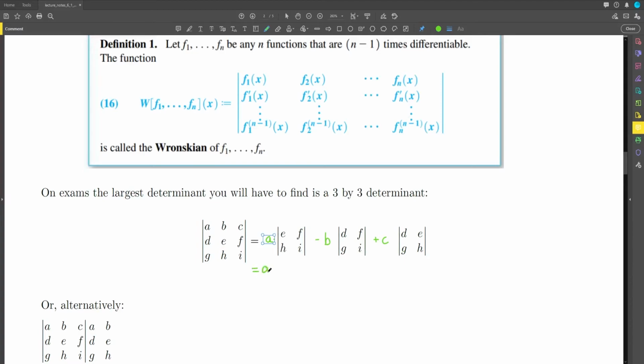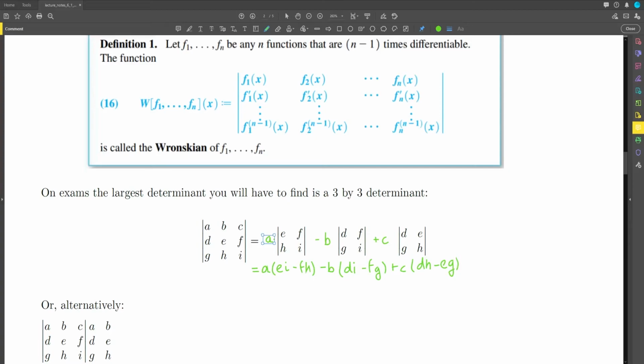So this is A times (EI minus FH), and then minus B times (DI minus FG), and then plus C times (DH minus EG).